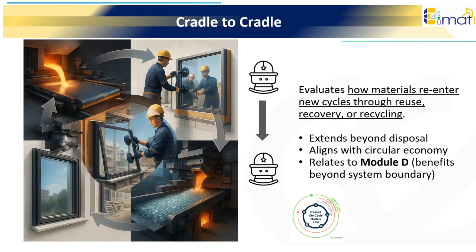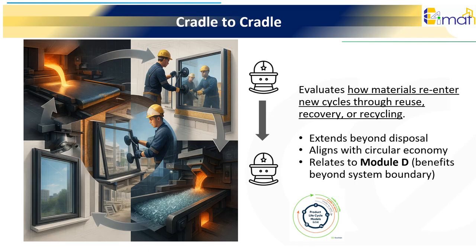Cradle to cradle takes the assessment one step further. Rather than ending the analysis at disposal, it looks at how materials can re-enter new cycles as inputs for future products, whether through reuse, recycling, or energy recovery. This perspective is central to the circular economy, where materials are kept in circulation and retain value instead of becoming waste.